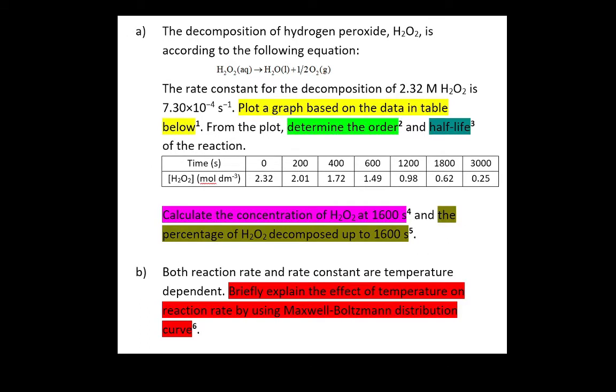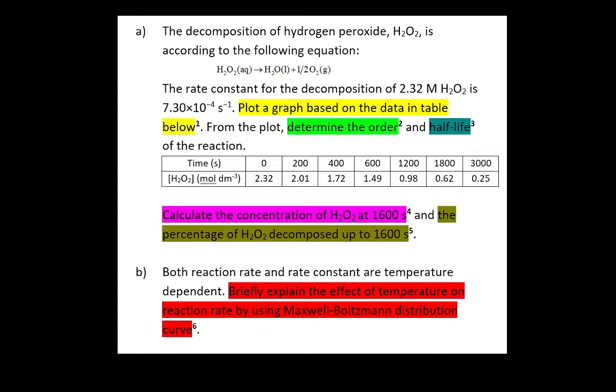Let's check how many questions are in this essay. Plot a graph based on the data in the table below. Question number 1. Followed by determine the order of the reaction. Question number 2. The third question, half-life of the reaction.